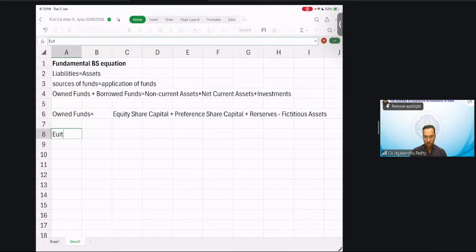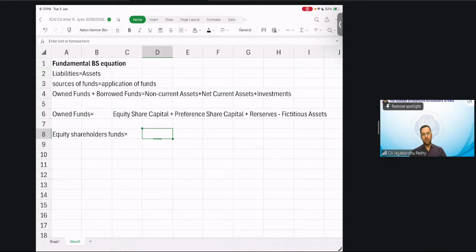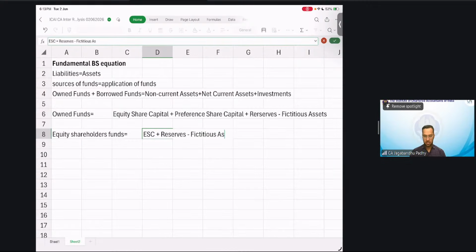Now, if I ask you what is equity shareholders funds, what do you mean by that? What all things are included in the equity shareholders funds? Equity shareholders funds will comprise of equity share capital plus reserves minus fictitious assets.